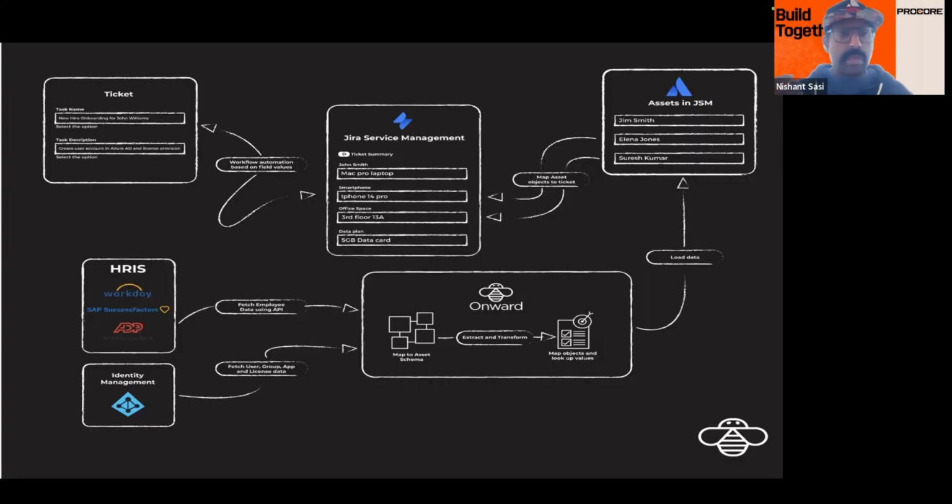Even the subtasks can be stored in Assets. We can have a certain number of subtasks for certain kinds of roles, and we can populate the tasks via automation, right? And also provisioning actions. You can have further provisioning actions to, let's say, Okta or Entra ID or Slack, for example.